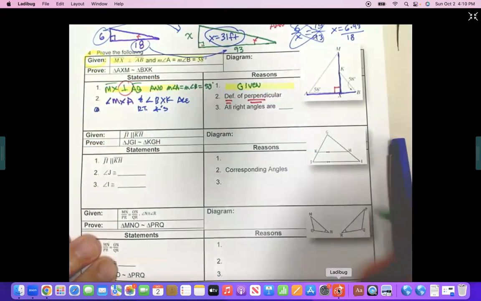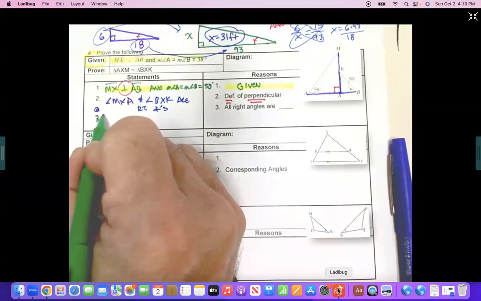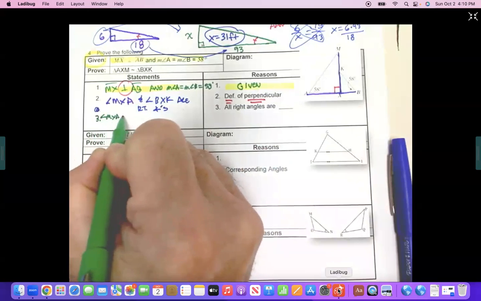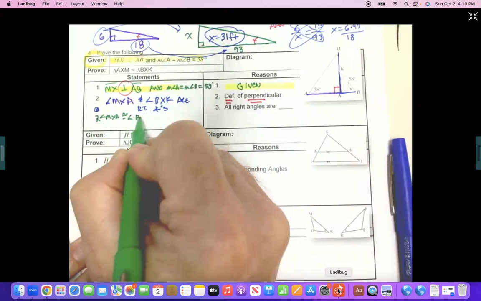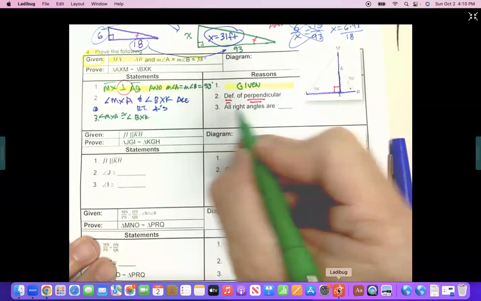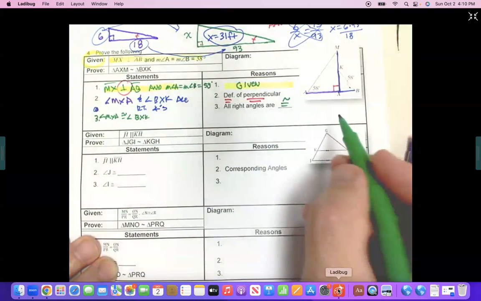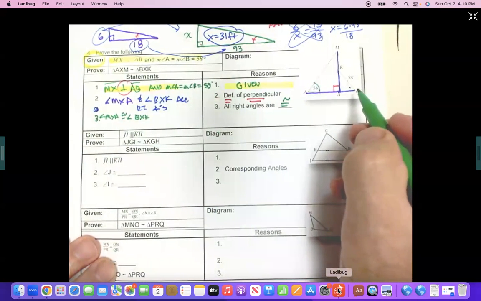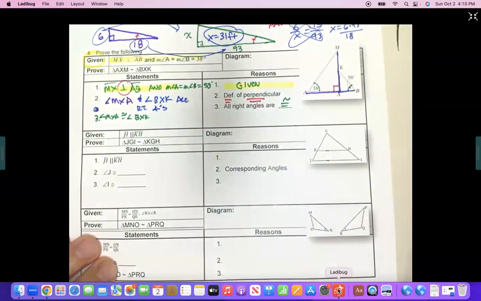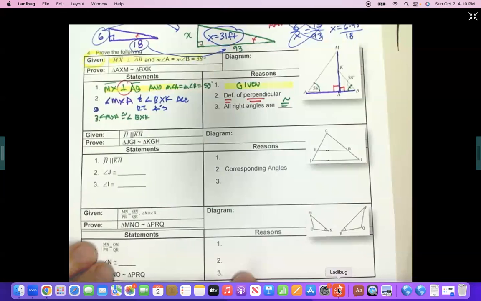And then we can stick in here line number 3, and that is that angle MXA is congruent to angle BXK, because all right angles are indeed congruent. Now you can see that in our given statement, we had angle A congruent to angle B, and now we have these 2 right angles congruent to each other.